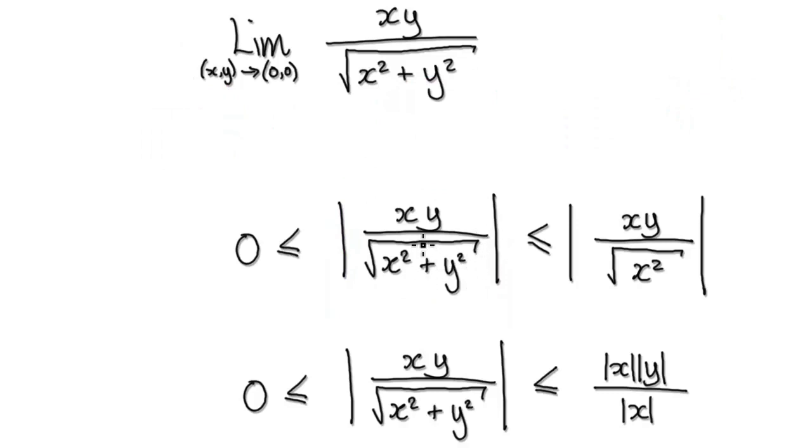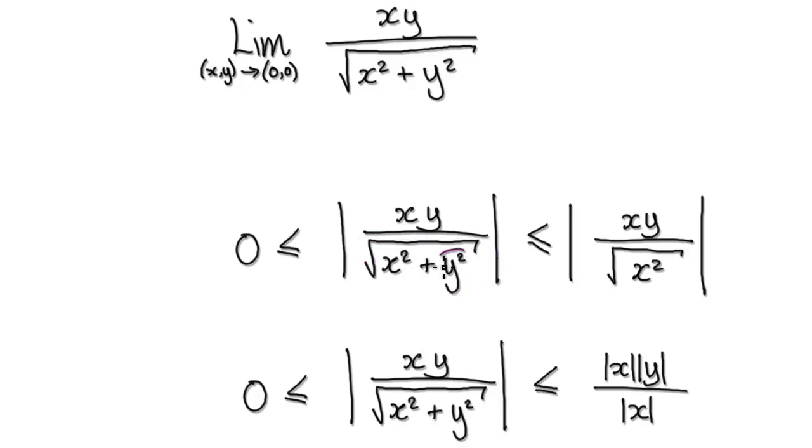So let's try and make the denominator smaller. To make the denominator smaller, because you've got that square root thing, if you make what's inside the square root smaller, then the denominator will be smaller.